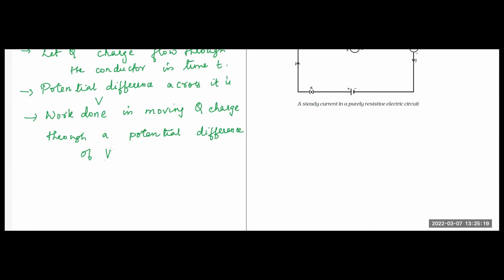From the definition of potential difference, we know that the potential difference is defined as the work done in moving a unit charge. So it is given as V is equal to W by Q. From this relation, we can write W is equal to Q into V, the work done in moving Q charge through the potential difference V. So the source will supply QV amount of energy in time t.